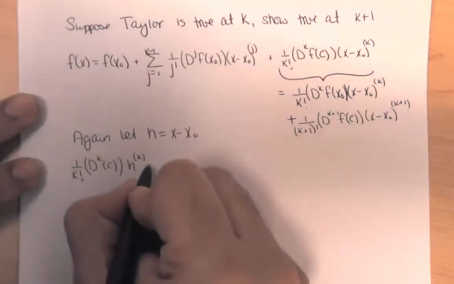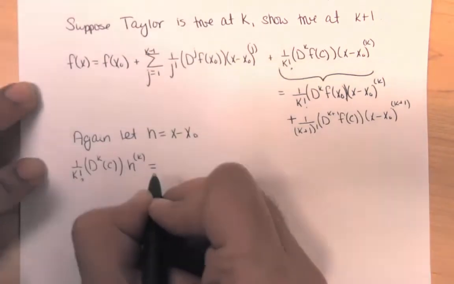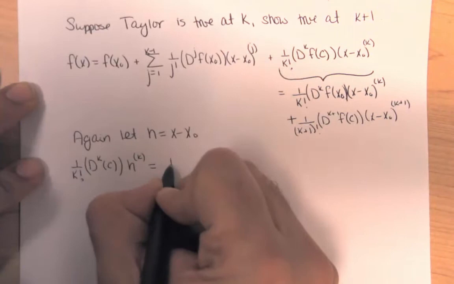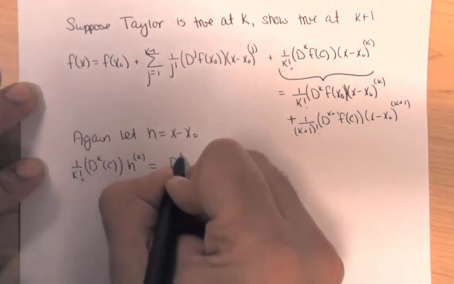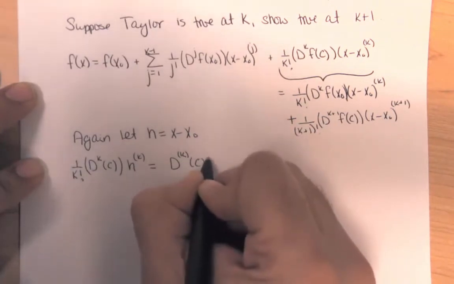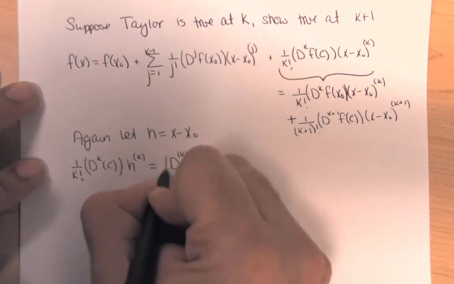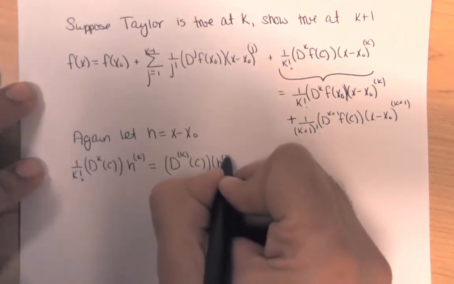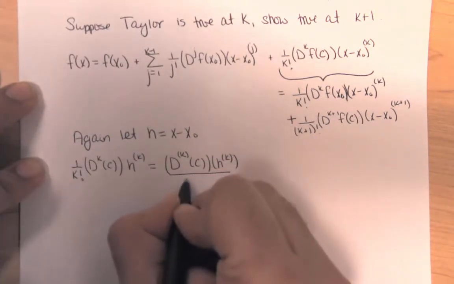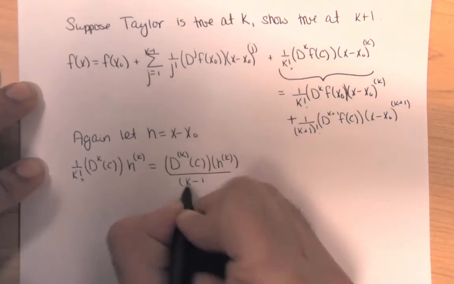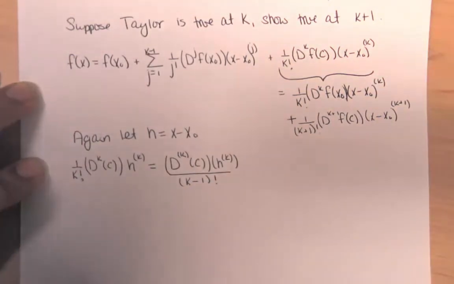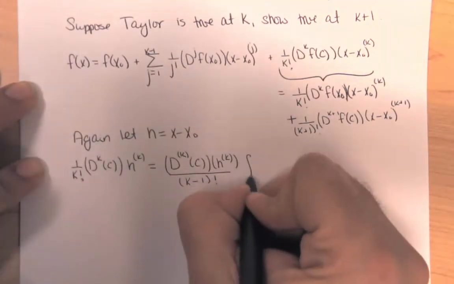Well, that equals d^k f of c times the k-tuple of h divided by k minus 1 factorial, of course, times 1 over k.